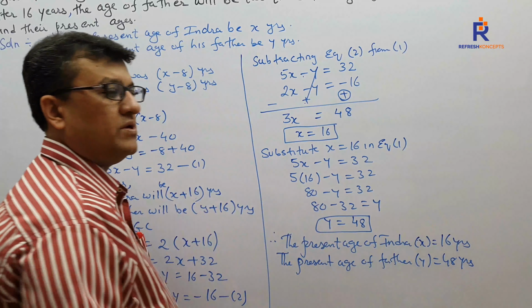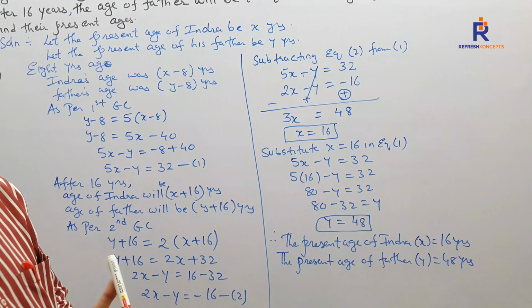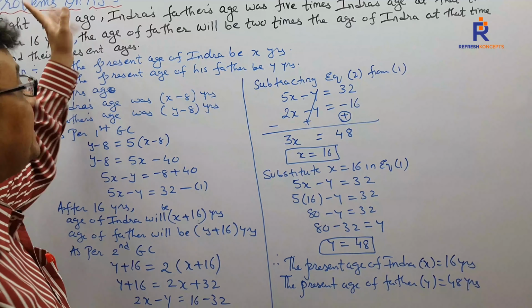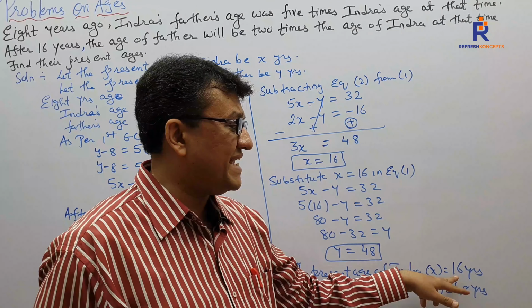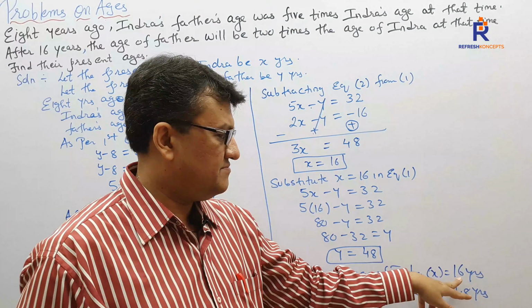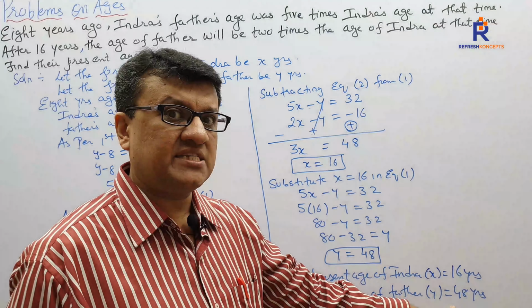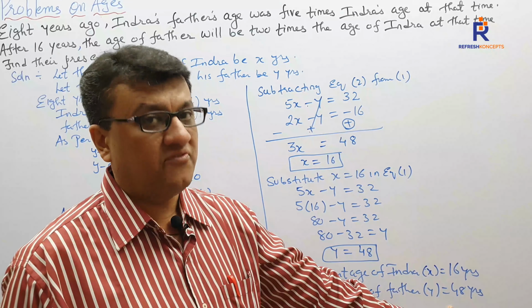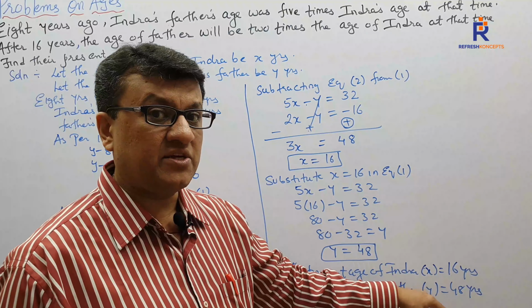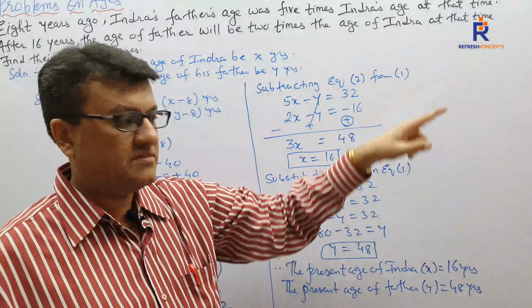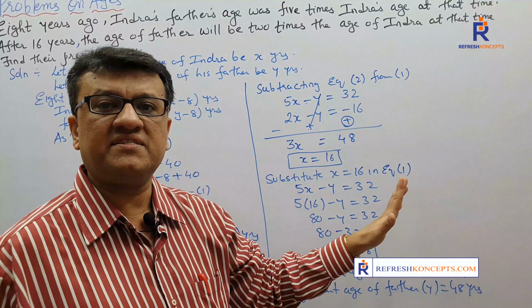Now children, once again, before wrapping up, cross-check your answer. 8 years ago, what was the age of Indra? 16 minus 8, 8. What was the father's age at that time? 48 minus 8, 40. So Indra was 8, father was 40. 8 fives are 40.